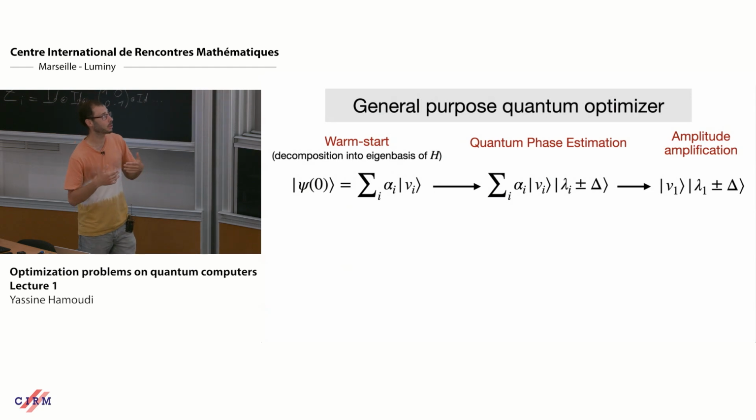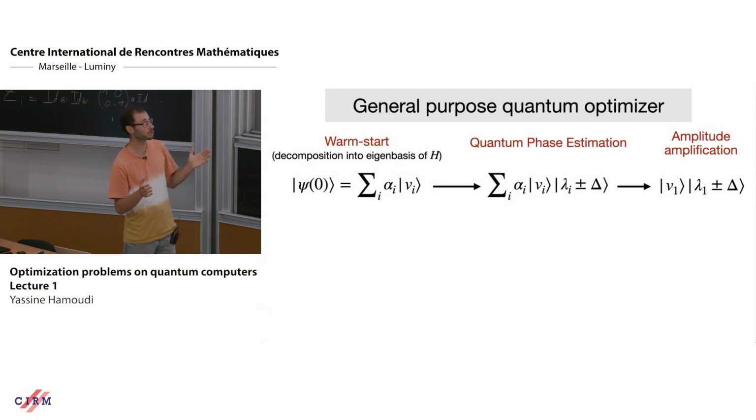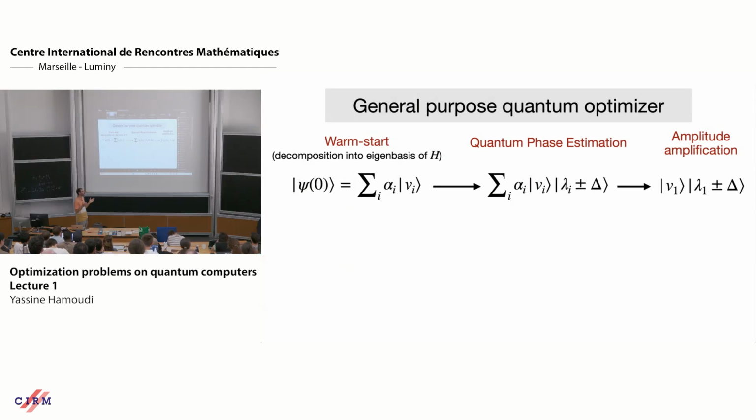Then we run quantum phase estimation on that state, so it will estimate the eigenvalue in superposition up to a precision delta, which is sufficient to distinguish lambda_1 from the other eigenvalues. And then at the end, either we measure the state and hope that it will collapse to the smallest eigenvalue, or we could also use amplitude amplification, which will amplify the amplitude of the lowest eigenvalue. This is a standard amplification technique.